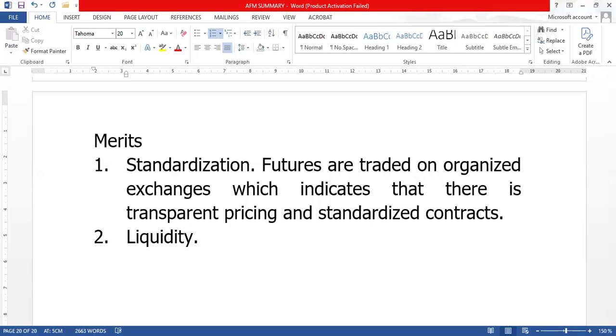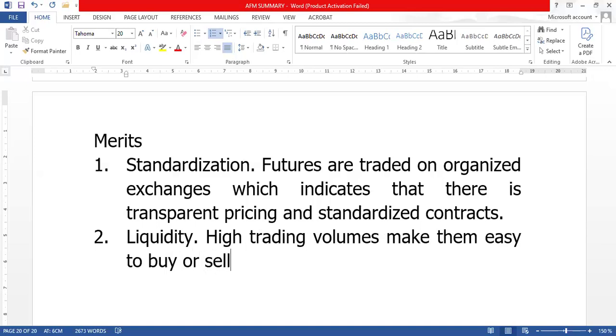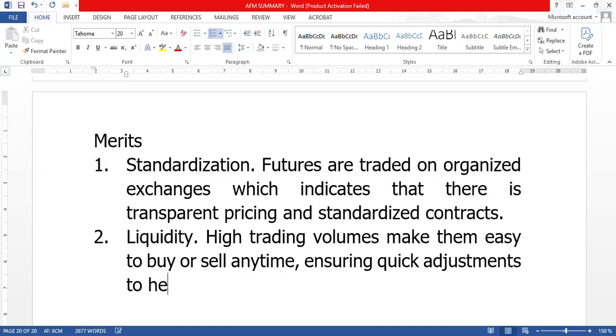When it comes to liquidity, it means that high trading volumes make them easier to buy or sell anytime, in large volumes, ensuring quick adjustments to hedges. So it's also something that is better.